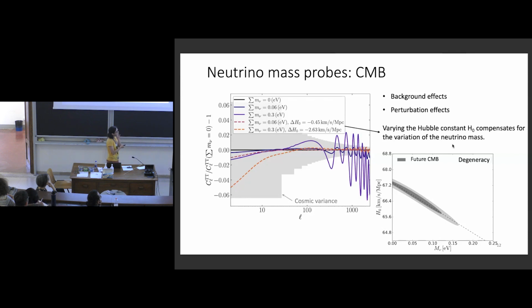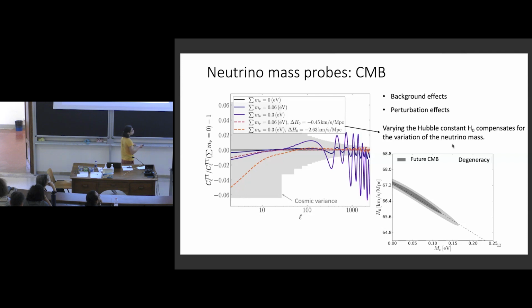So basically, this is the impact of increasing the neutrino mass from massless neutrinos to 0.06 and 0.3 electron volt. And we get the solid lines. I'm not going through the details of how we get these wiggles here. This is a combination of background effects and perturbation effects.